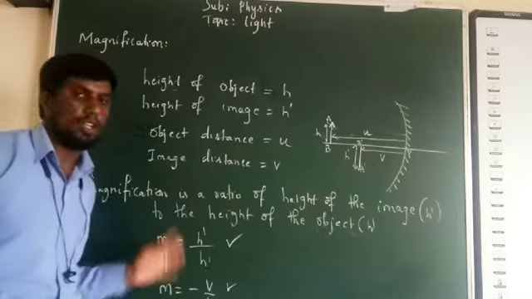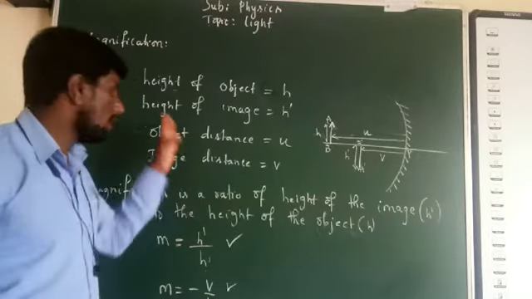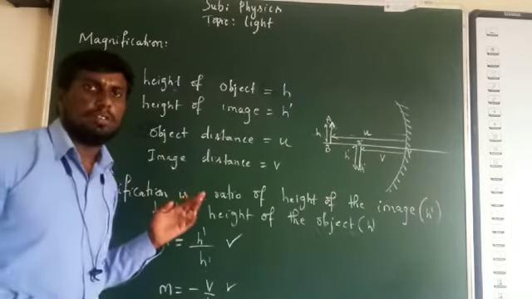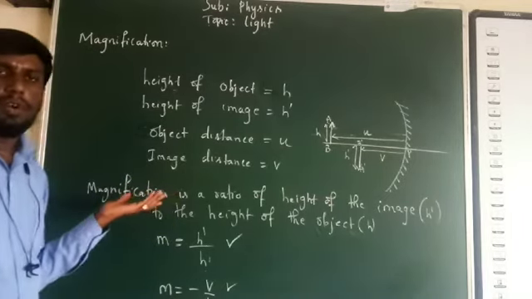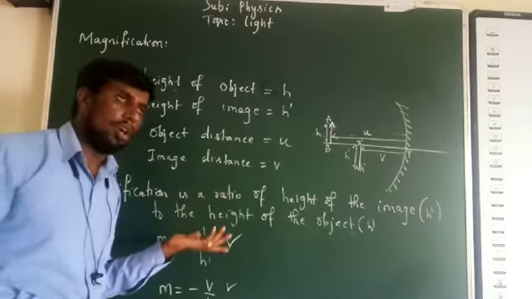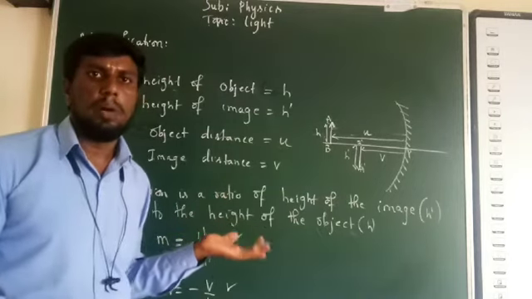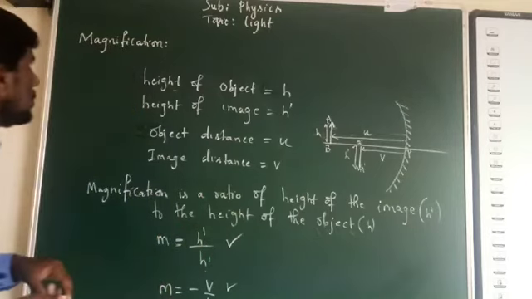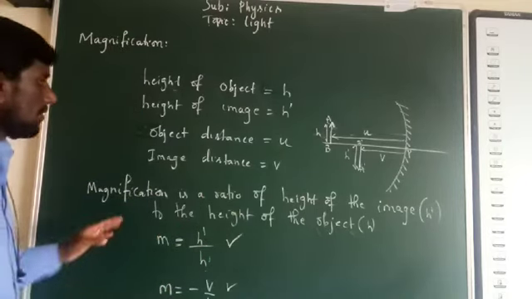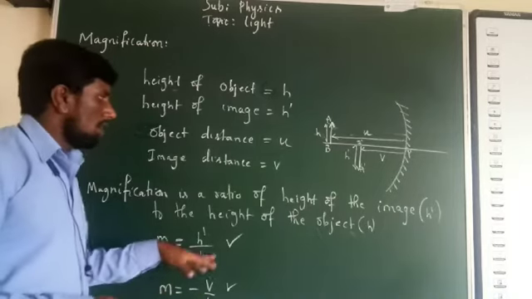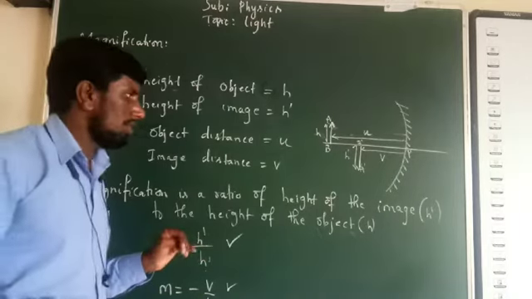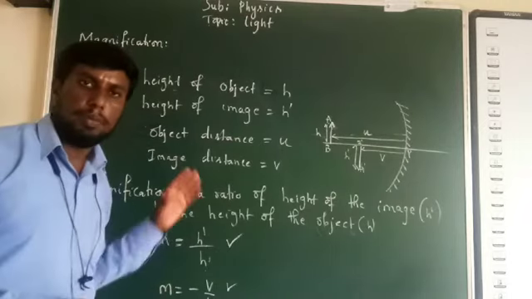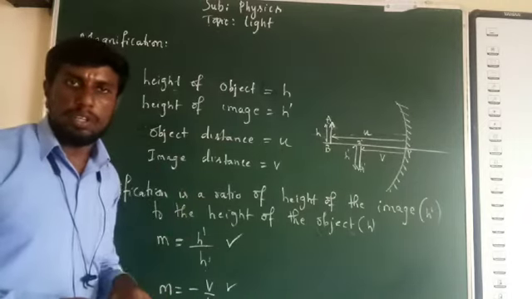In the mirror formula, two things will be required: either focal length and object distance, or object distance and image distance, from which we can find the focal length. So this is about the magnification definition. They will ask for the definition of magnification for 1 or 2 marks, and magnification and the mirror formula will be very important for solving the numericals.